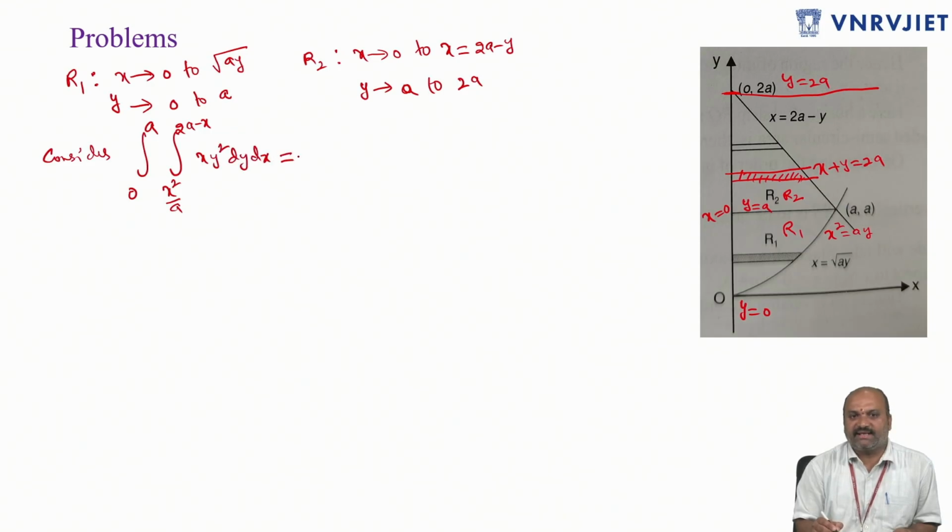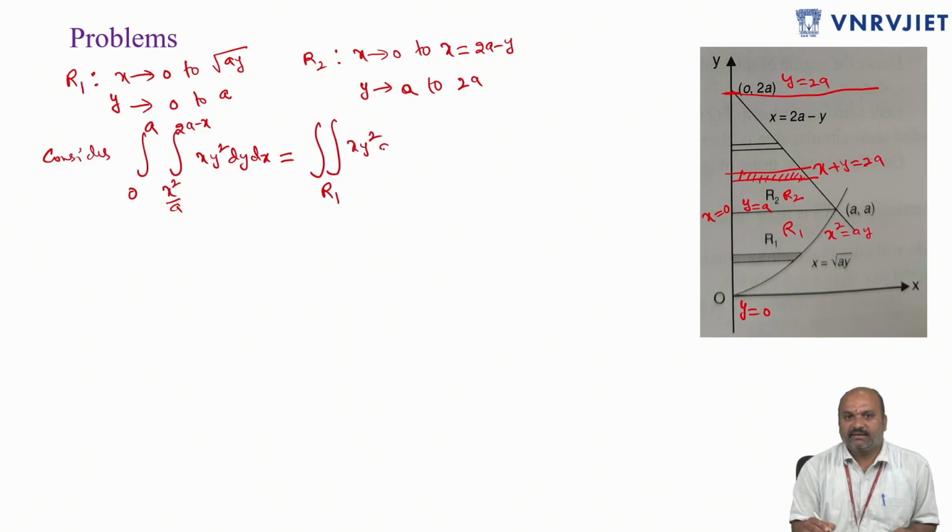This is the given, which is equivalent to, on changing the order of integration, we get the double integral over the region R1 of xy square dy dx plus the double integral over the region R2 of xy square dy dx.